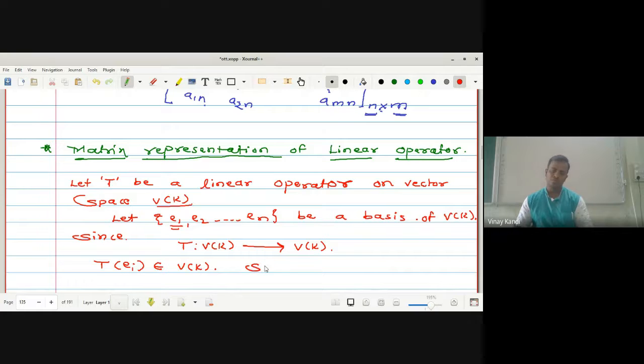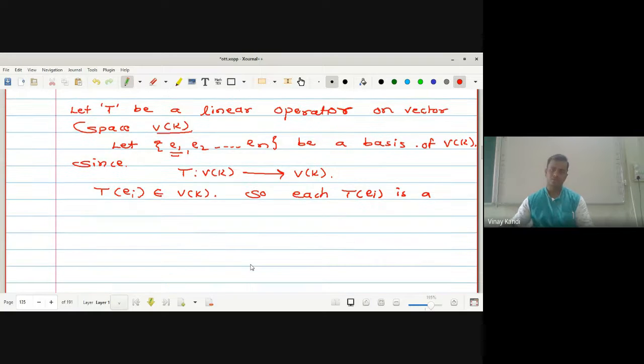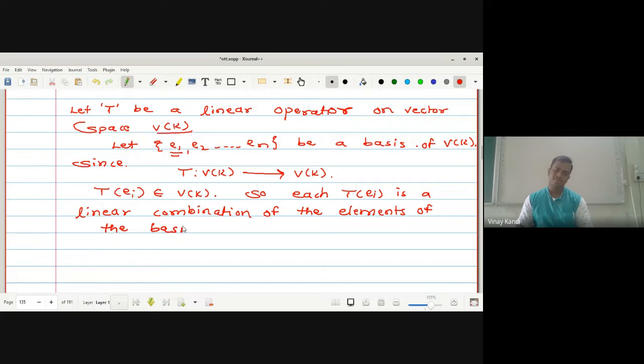So each T of Ei is again a linear combination of the elements of the basis Ei.